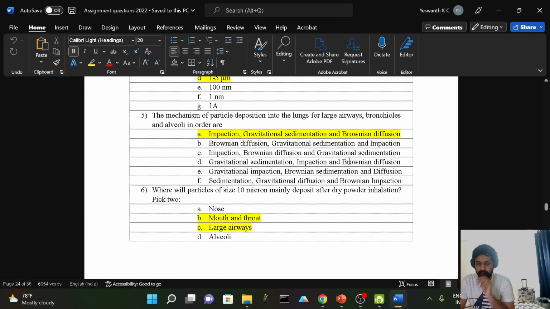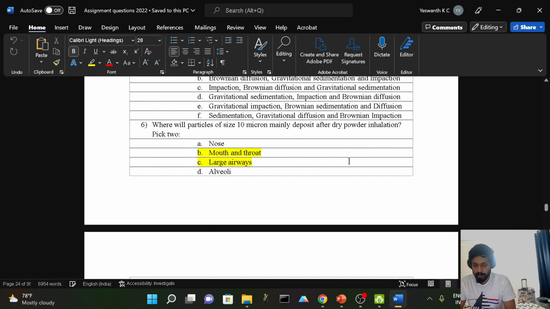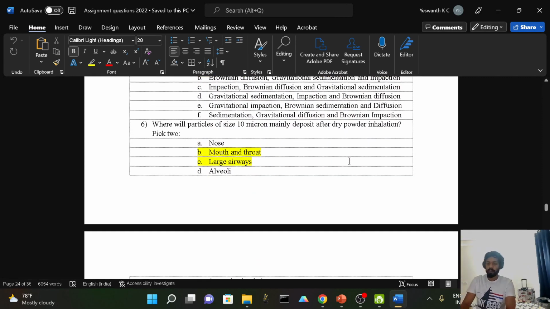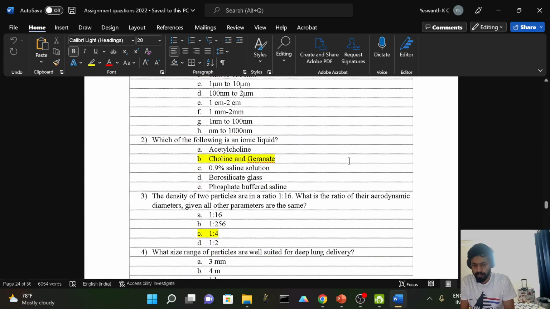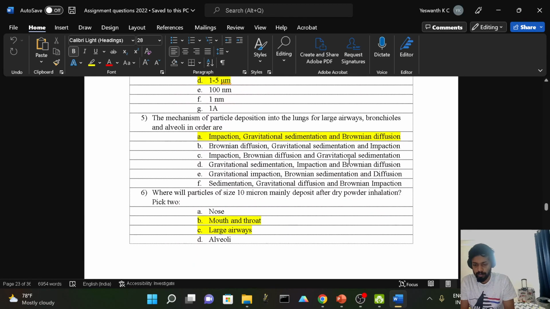Where will particles of size 10 micron mainly deposit after dry powder inhalation, right? Is that the question? Sir, why will the nose not be an option?